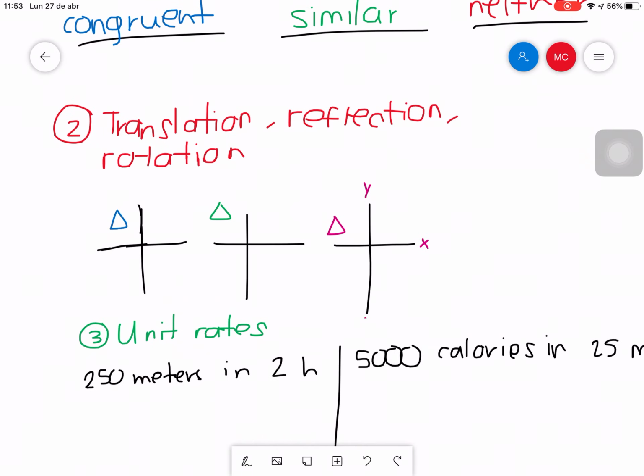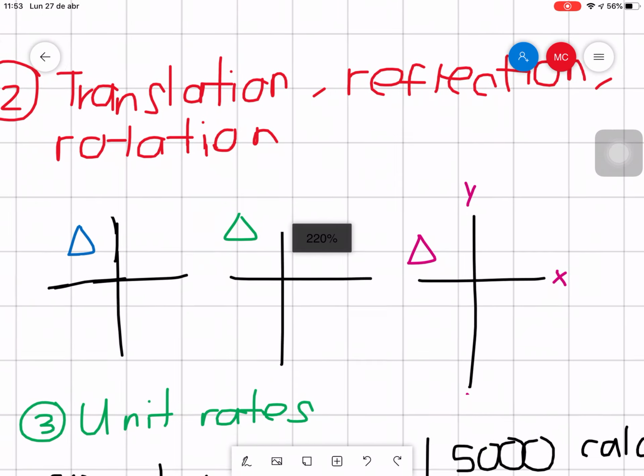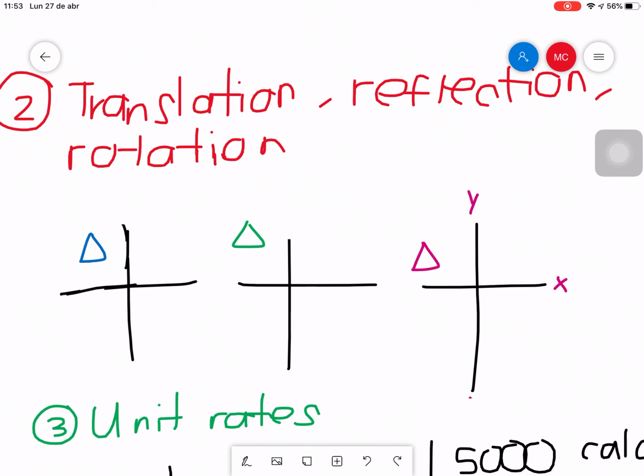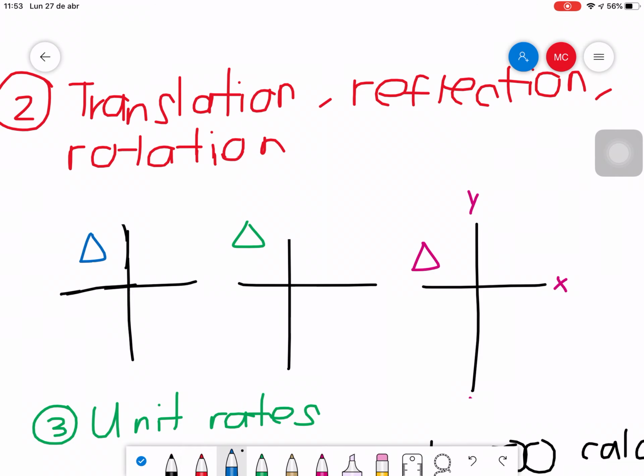Then, second topic: you have reflection, rotation, okay? Let's start with the blue triangle. Let's suppose that I want to move that triangle to this side of the coordinate plane. Remember, this is a coordinate plane, this is X and this is Y. You have worked with that many times.